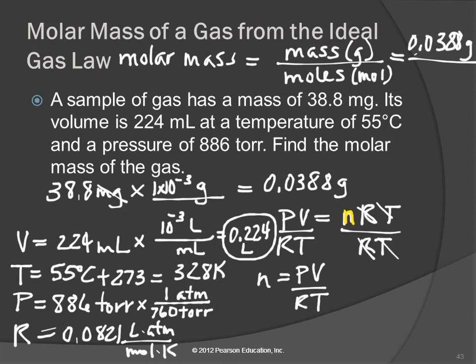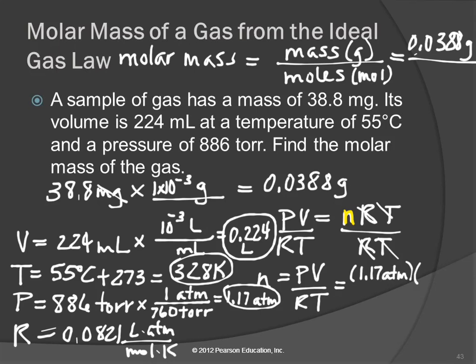886 divided by 760, 1.17 atmospheres. So there's that guy, and we've got this guy. Can I fit them all in here? I think I can. So the pressure, 1.17 atmospheres.